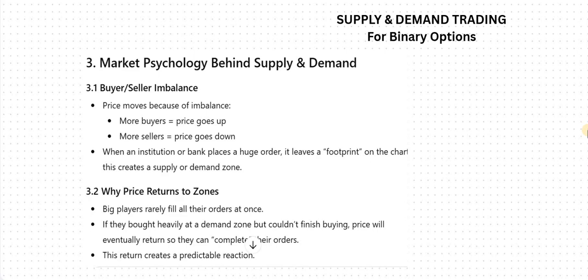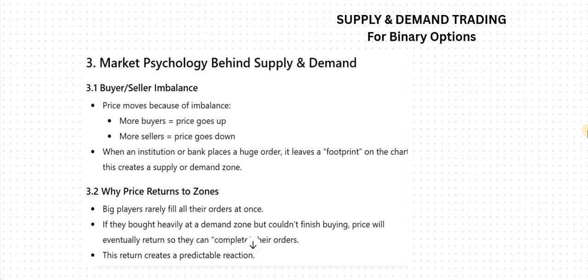If the beliefs of the buyers are more than the belief of the sellers, then the price goes up, because it is only belief that moves the market, nothing more. The main thing that moves the market is not the money, it is belief. When you believe in something, you use your money to back it up. So the belief of buyers and the belief of sellers create these imbalances in the market.